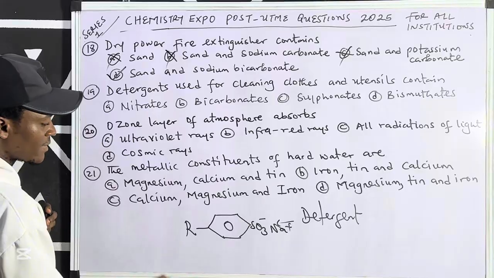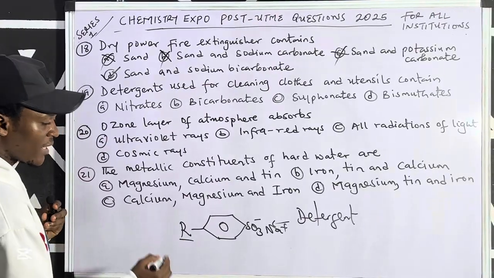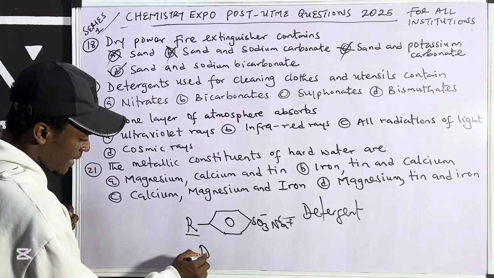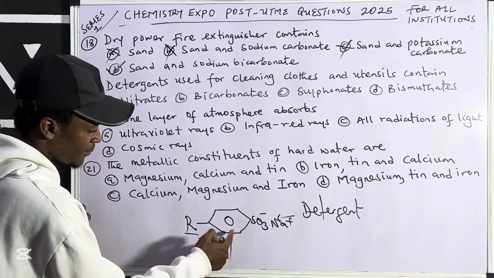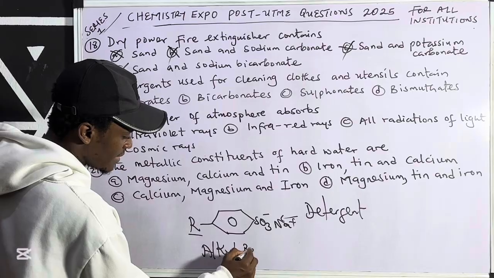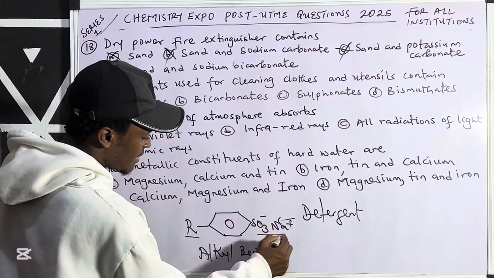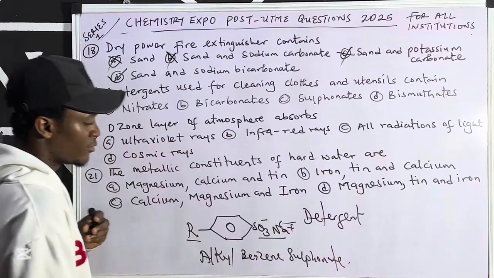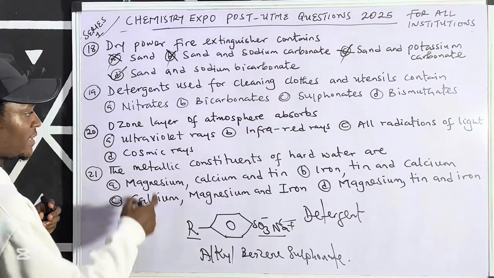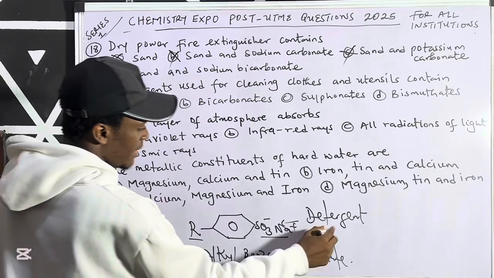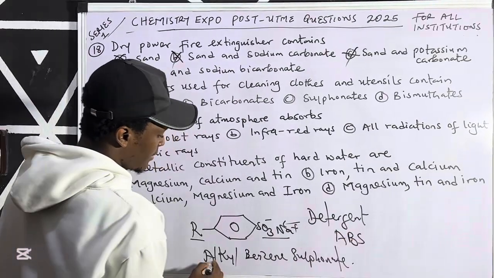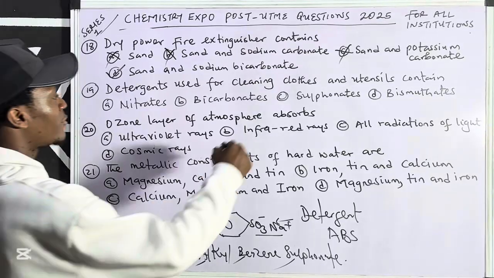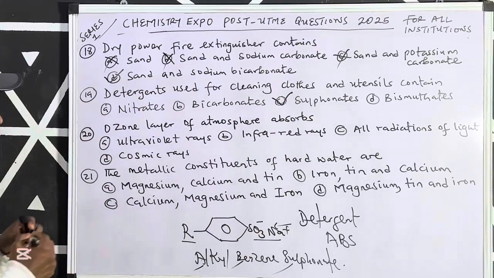So this arrow represents alkyl, then this is the benzene ring, then this is the sulfonate group. That's the reason why another name for detergent is ABS, which is alkyl benzene sulfonate. So they must contain the sulfonate group. Option C is the right answer to that question.